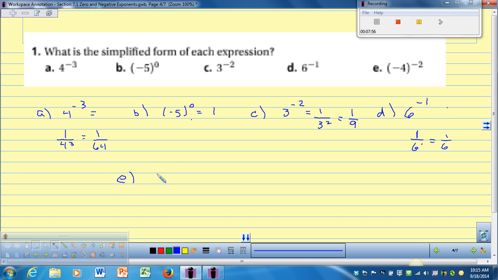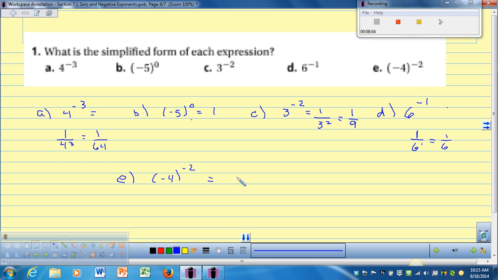On this one, in parentheses, I have negative 4. Keep that in parentheses to the negative 2. So how do I rewrite it, taking care of that negative exponent? Luis, what do I do? Right up here, from 4 to the negative 3, it became 1 over 4 to the positive 3.